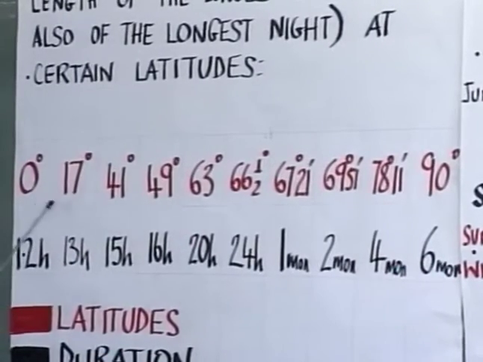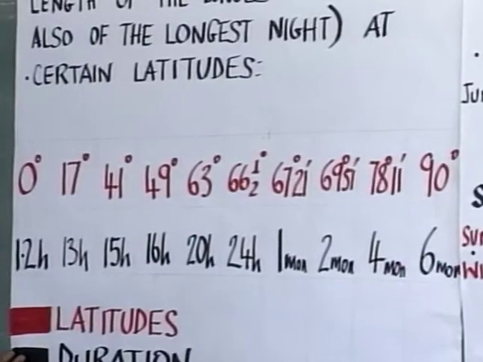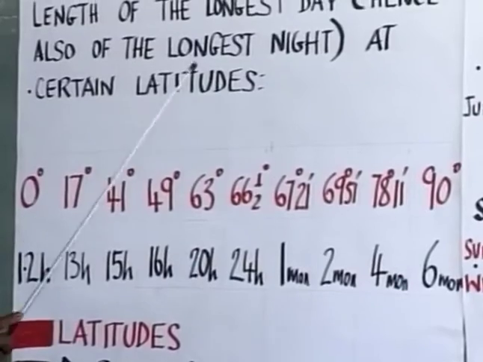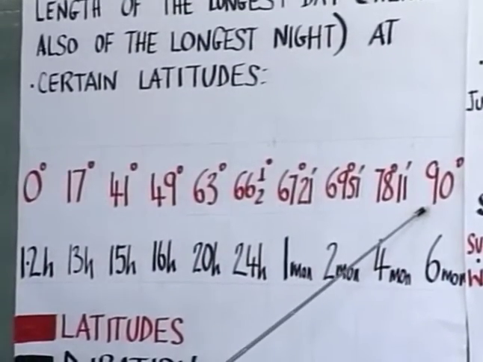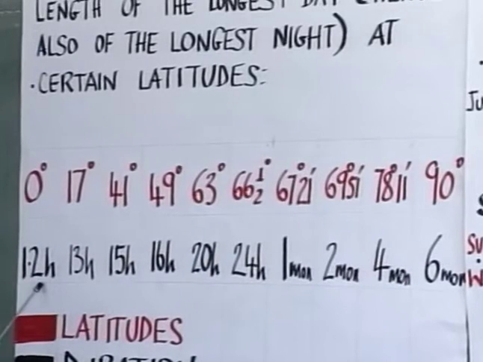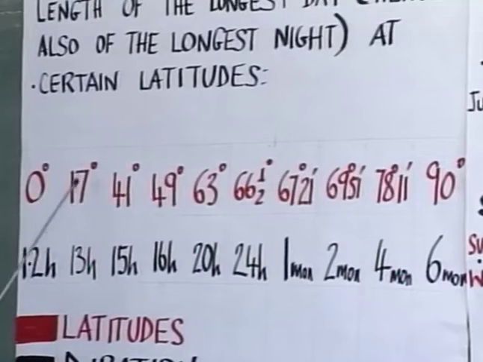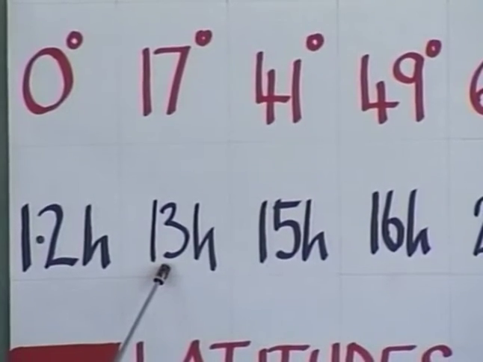Okay, looking at those selected lines of latitude, we have the length of the longest day, and hence also of the longest night, at those different latitudes that I have listed here in red. At the equator, 0 degrees, 12 hours of day, 12 hours of night. At 17 degrees, you can have 13 hours of daylight.